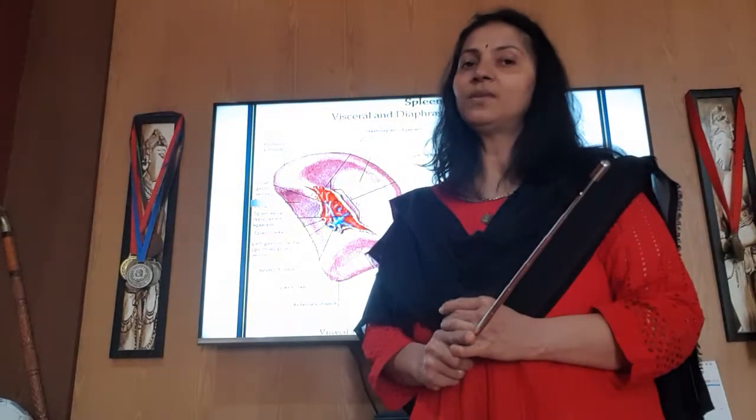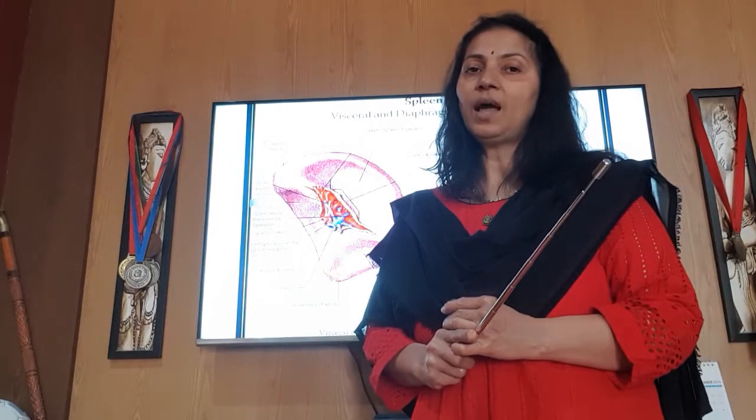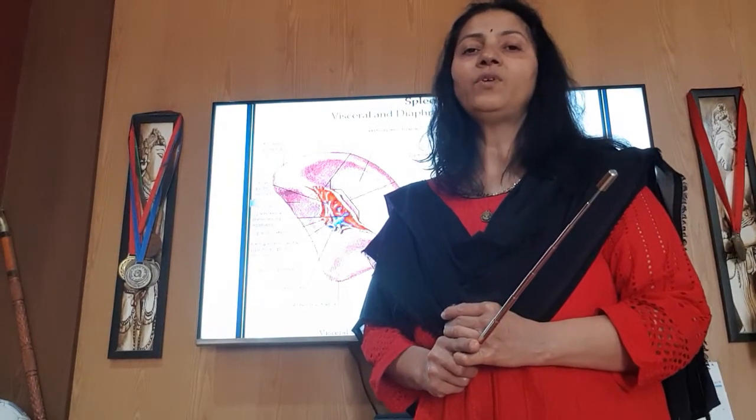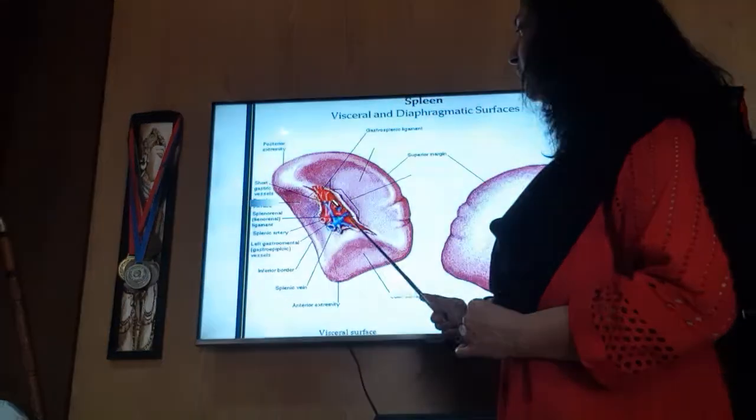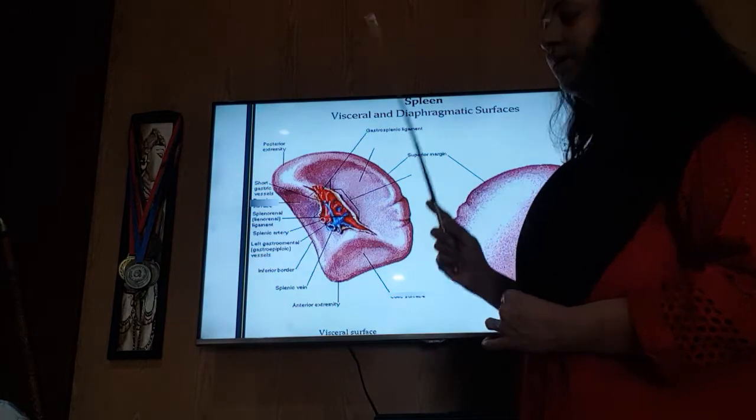And portal vein is the vein which is having all the venous drainage from the abdominal organs, and therefore it's containing digested food. So this digested food is sent to liver by the portal vein. Don't forget this. So this was the blood supply.